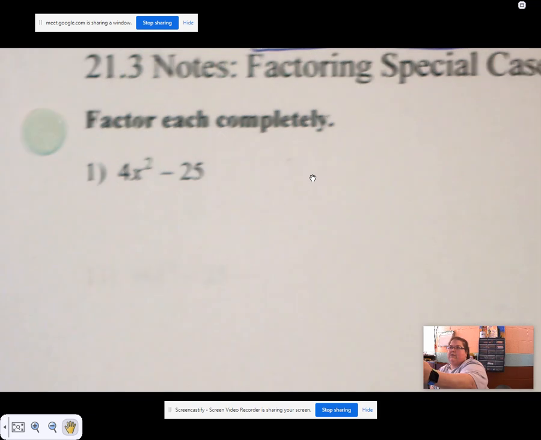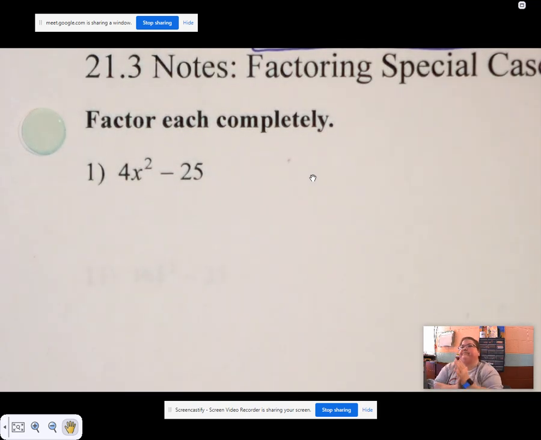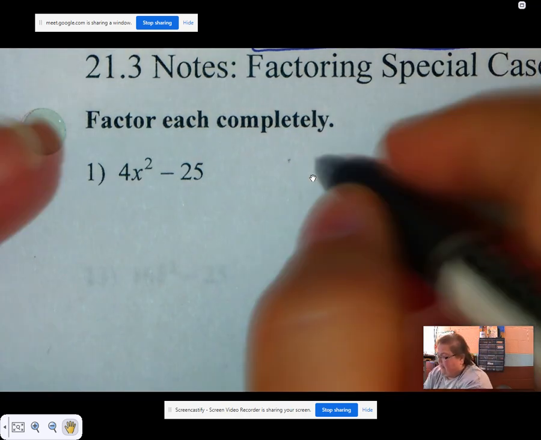I'm interested to see who finds it. But they always work the same to get to the answer. When I factor, it is the same process every single time, no matter what it looks like. Okay? Product sum.